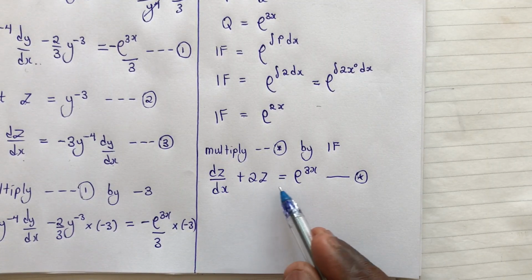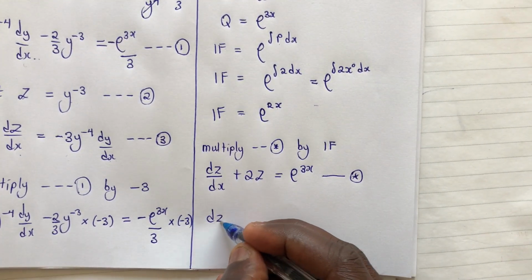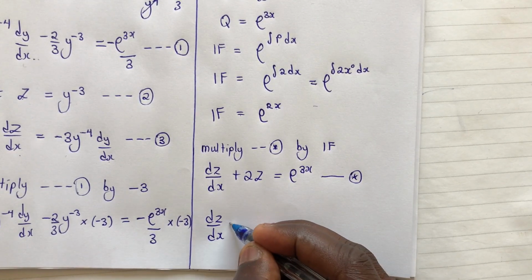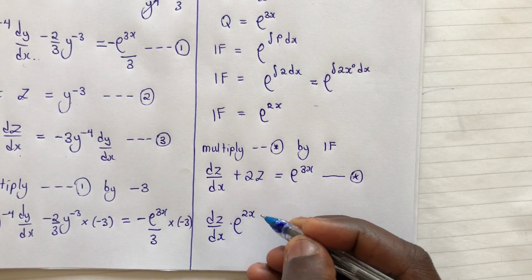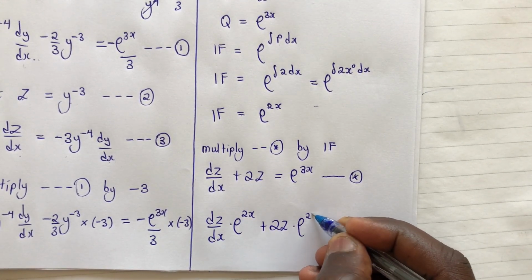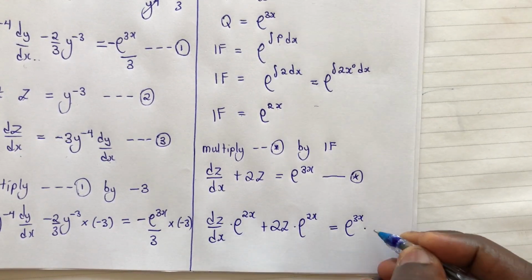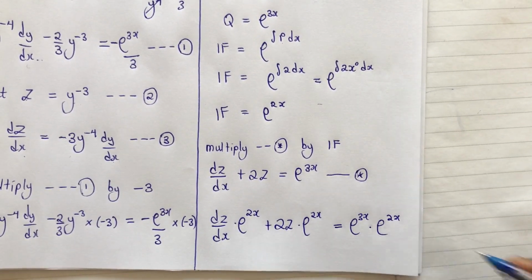Now this is our equation star. Let's multiply by IF. So we have dz dx times e to the power 2x plus 2z times e to the power 2x equal to e to the power 3x times e to the power 2x.